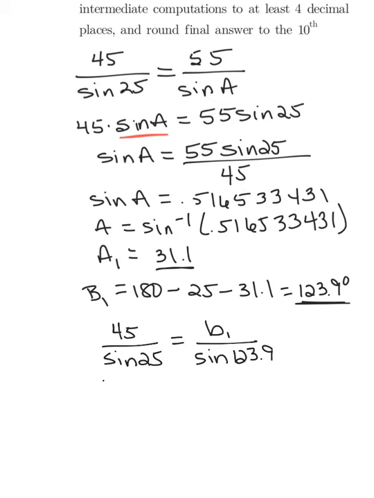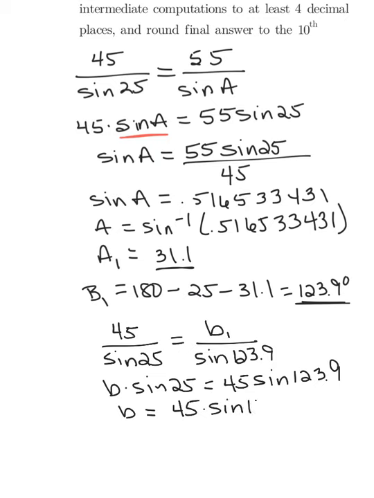Cross multiply, you're going to have B times the sine of 25 equals 45 times the sine of 123.9. Divide by the sine of 25, so B equals 45 times the sine of 123.9 divided by the sine of 25. So we get a side B sub 1 of 88.4, rounding to the tenth. So there's our first triangle.